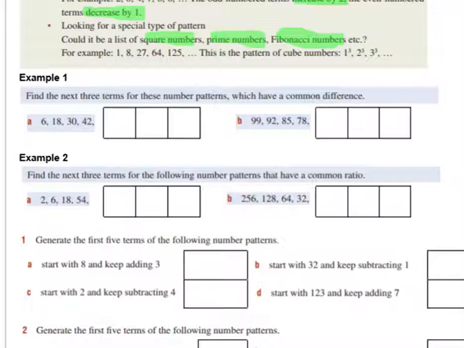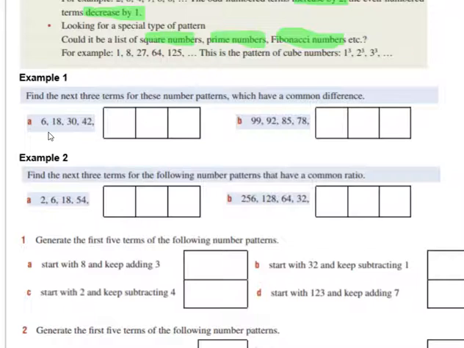Let's look at a couple of examples and see if we can write out the next 3 terms in each of these patterns. Example 1: find the next 3 terms in these number patterns which have a common difference. So let's look at our common difference here. 6 going to 18, 18 to 30, 30 to 42.